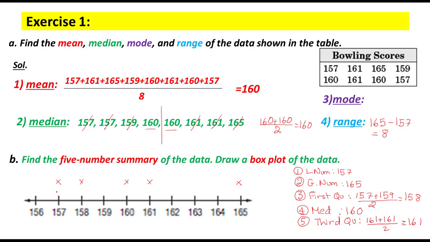I'm just going to join these, and then draw 3 vertical lines for the first quartile, the median, and the third quartile, and then close them from the top and the bottom. This is my box.